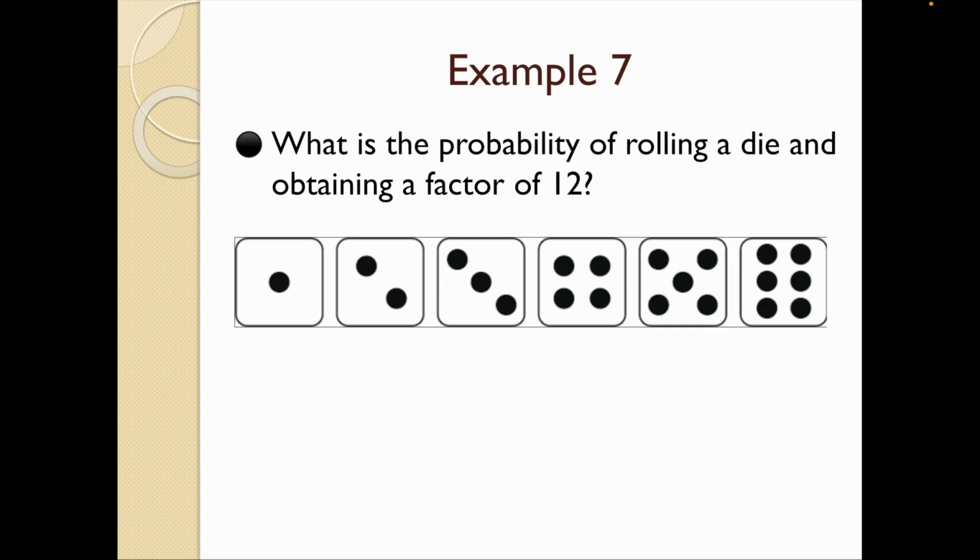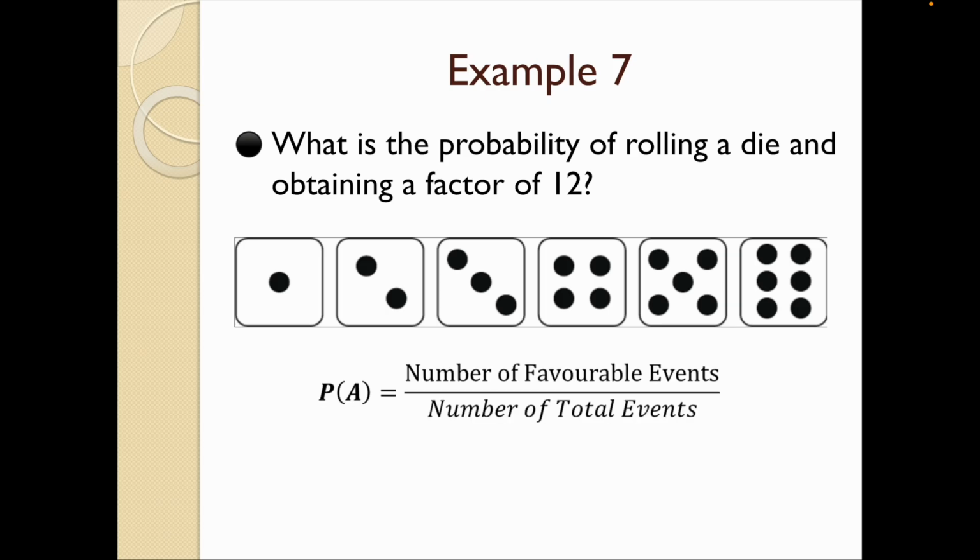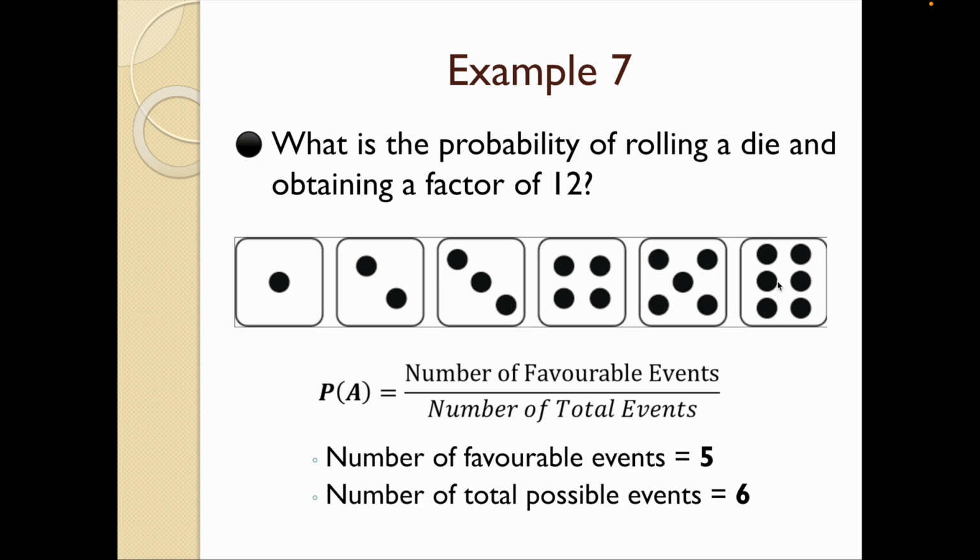Before you answer, find the factors of 12. 5 out of 6. Excellent. So there are 5 numbers that go into 12 equally: 1, 2, 3, 4, and 6. All these numbers go into 12 without a remainder. Therefore, the answer would be 5 out of 6. Excellent. Make sense?